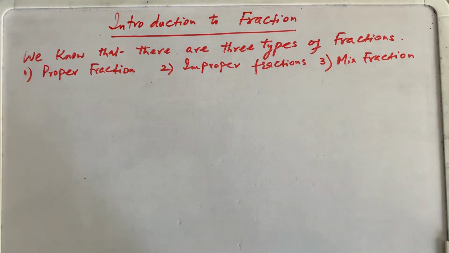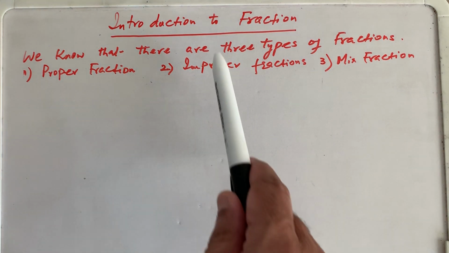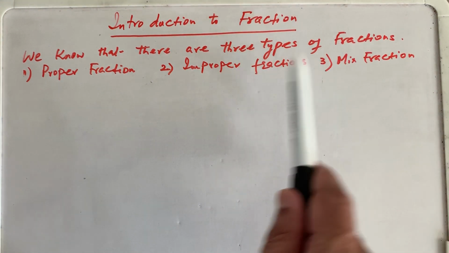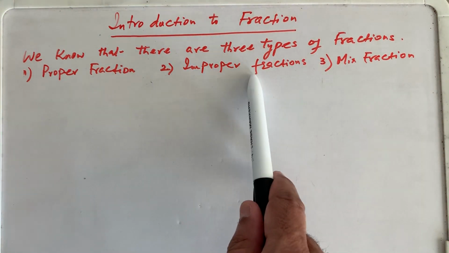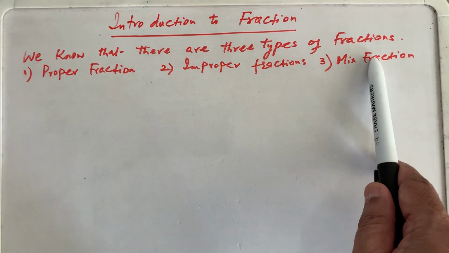So today we will be introducing fractions, and we have been learning fractions since grade 5, 6, 7 and 8, and we know that there are three types of fractions: proper fractions, improper fractions and mixed fractions.